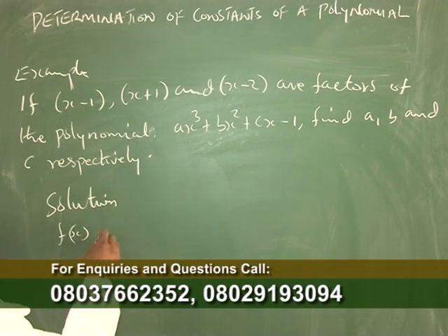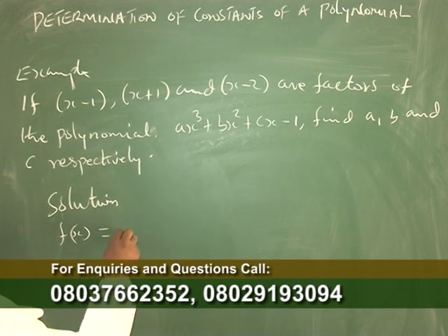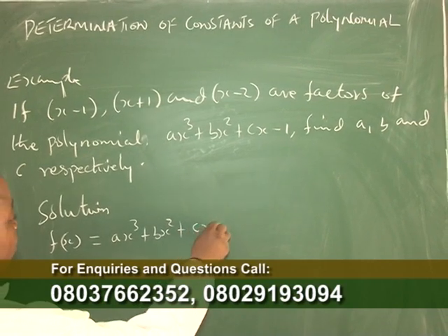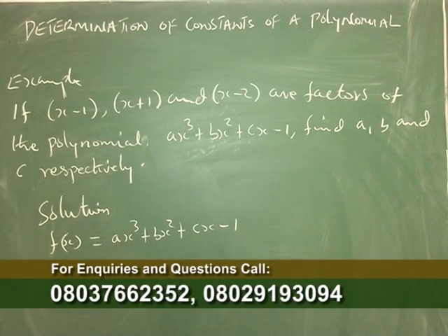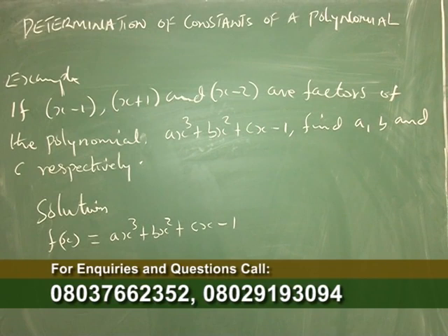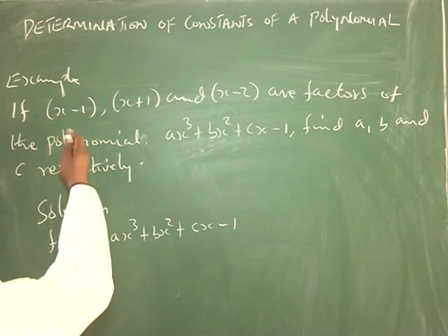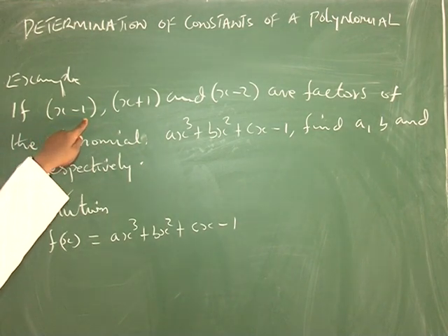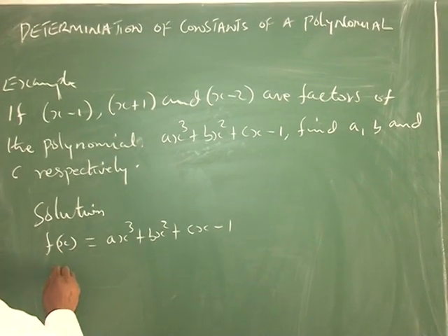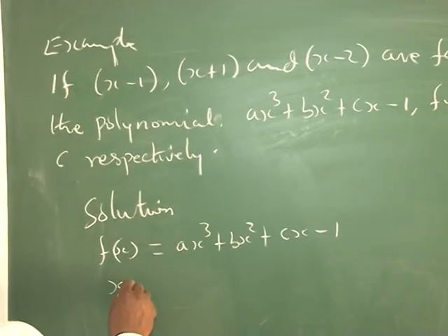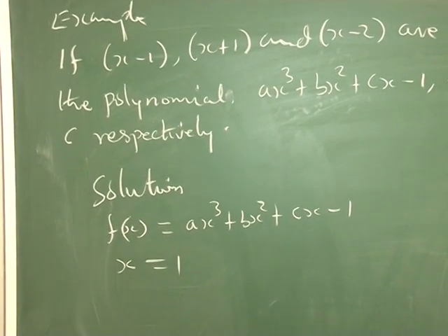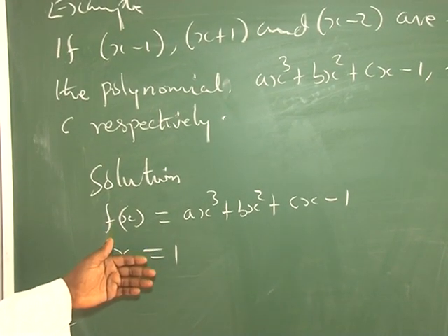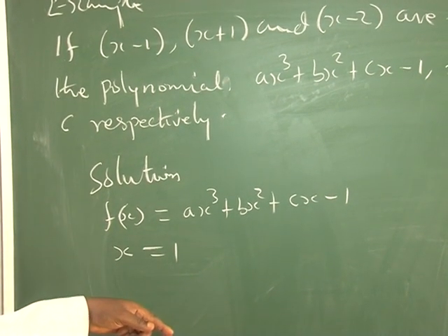Let f of x equal ax cubed plus bx squared plus cx minus 1. Now, since x minus 1 is a factor, it means that x equal 1 is what will give us the remainder.